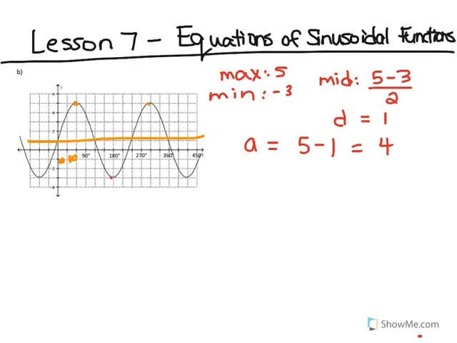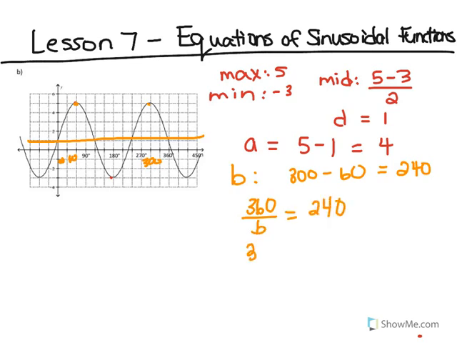It's at 300. So for our period, we're going to take 300 minus 60, and we get 240. So 360 over B is equal to 240. We want to solve for B, so 360 over 240 is equal to B. Divide those two numbers and you get 1.5.